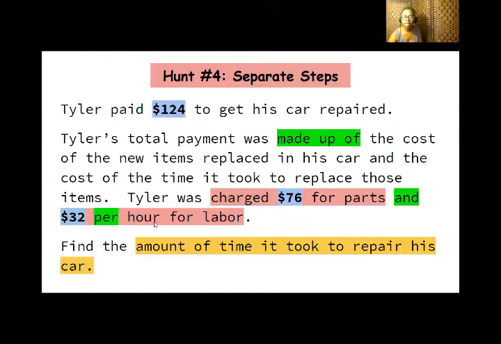We just explained that per means multiplication. So that means we're going to have to do some multiplication or the opposite of it in order to find out how long it took to repair Tyler's car. So these two parts are steps that we have to take in order to solve the problem.